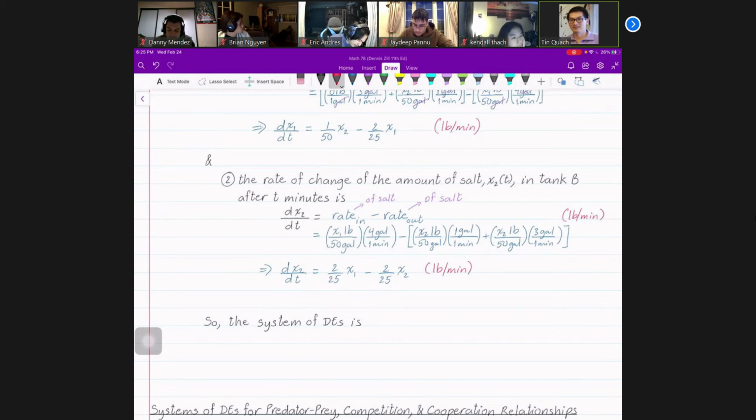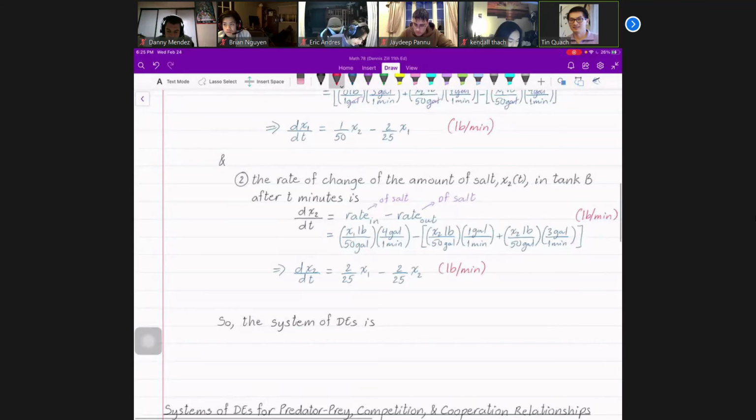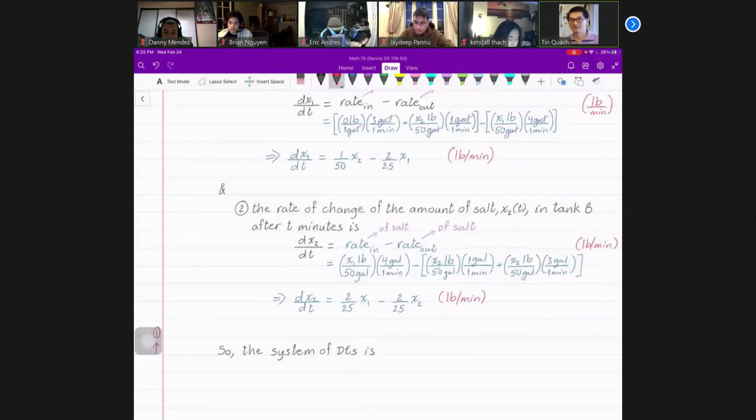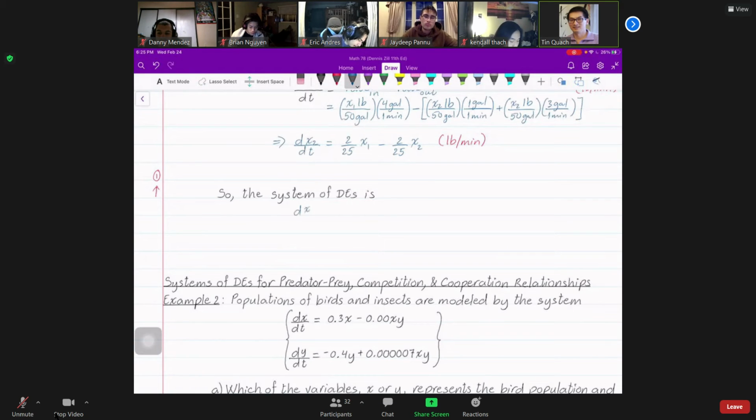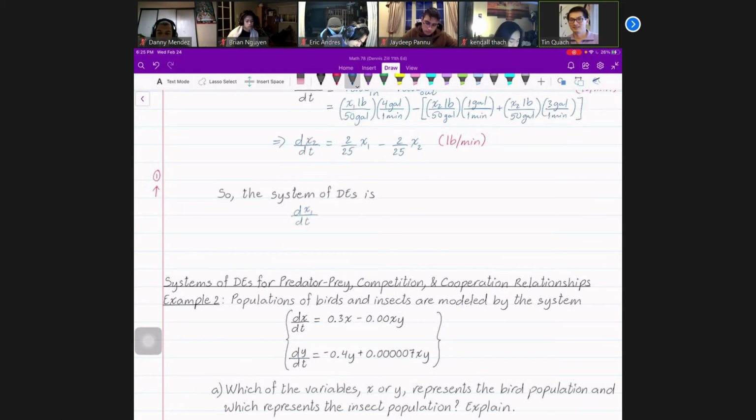So I asked you, what is the system? Actually, in this case, the system, you just put the two together. You put this equation and that equation right there together, you get your system. So your system is dx sub 1 over dt equals 1 over 50 x sub 2 minus 2 over 25 x sub 1.